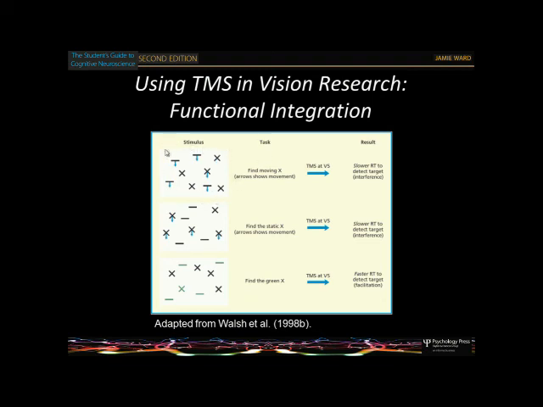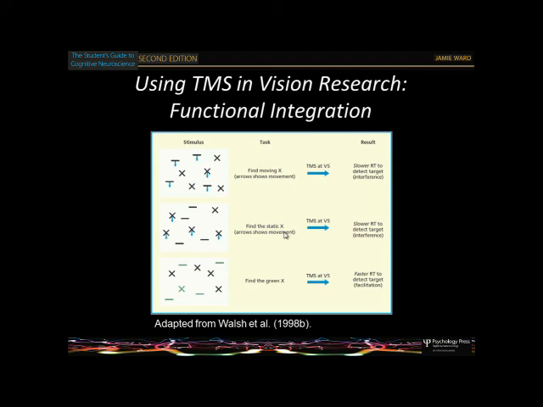Imagine you're looking at a computer screen with these displays, and you've got to find the moving X. There it is. You press the button whenever you see the X move. On some trials there won't be a moving X, so you have to discriminate. If you apply TMS here, it slows down your ability to detect the moving target.